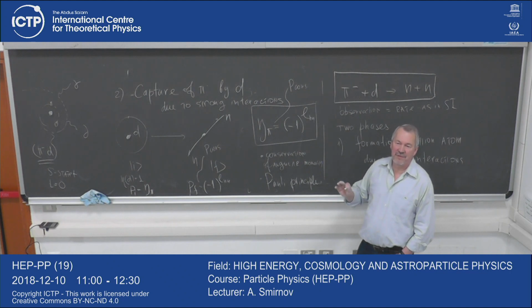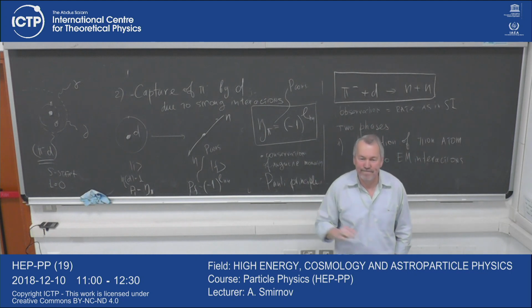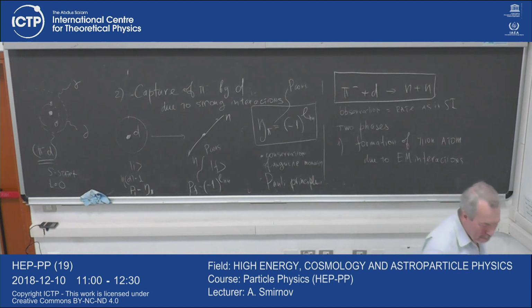Interestingly, just from the fact that this process occurs without any additional suppression, you can establish what the parity is and what the orbital momentum is. So already the Pauli principle immediately tells you in which orbital states the neutrons can be, right?